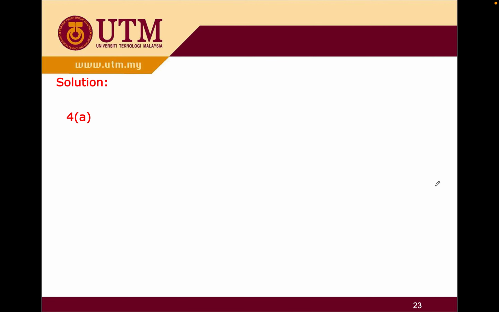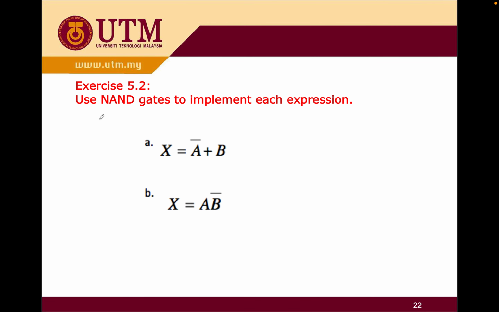Then you can try to use NAND gates to implement each expression. Let's say I have A bar. If I still remember, this one is a NOT gate. If it is a NOT gate, I need to use only NAND gates. I have finished my other gates, I only have NAND gates.